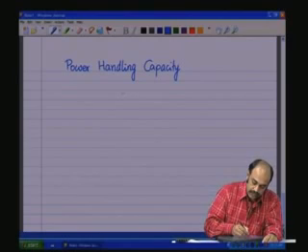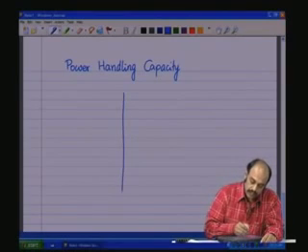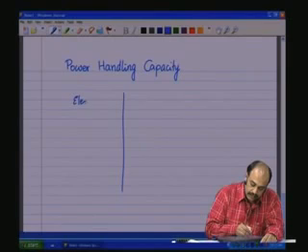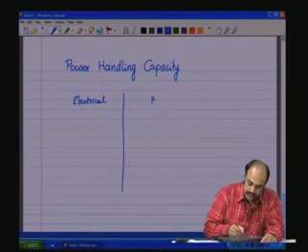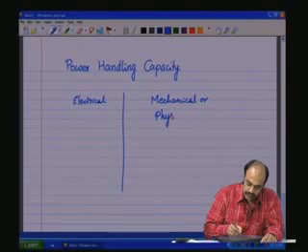So, to do that, we need to understand the mapping between the electrical and the mechanical or the physical dimensions of the transformer.